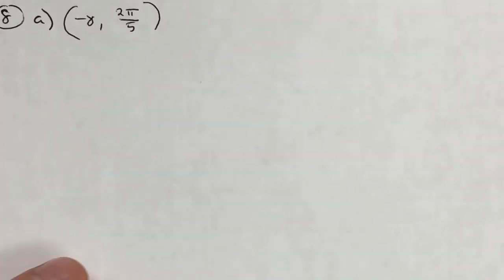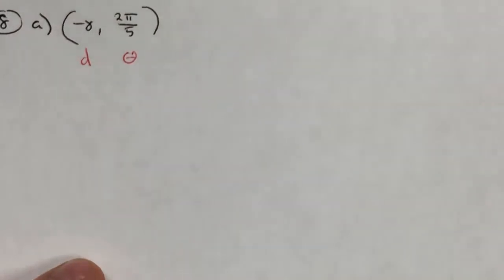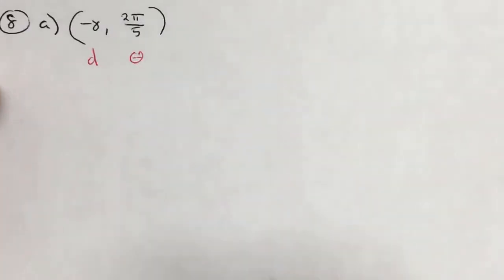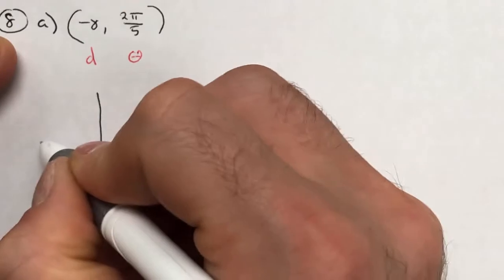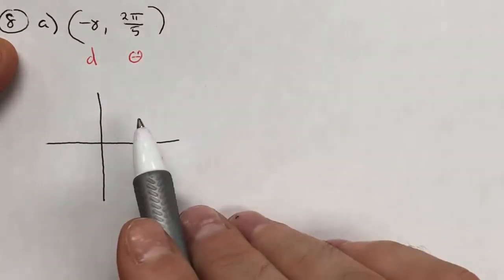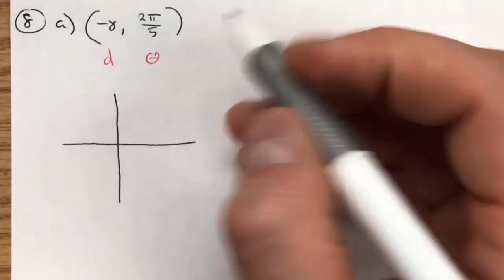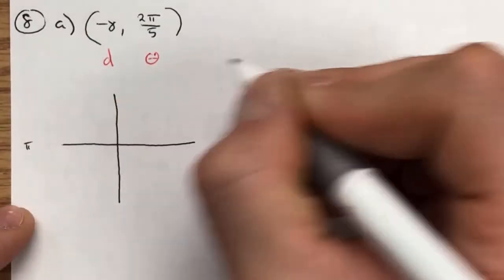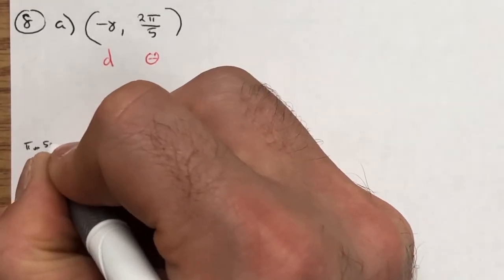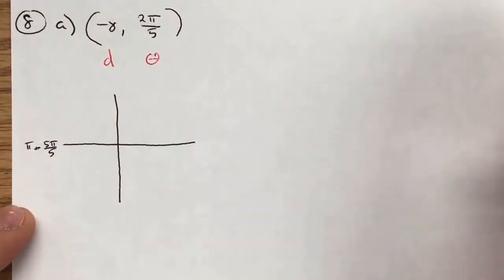Okay, so when we look at this, remember, polar coordinates give me the distance, and this gives me the angle. So if I draw my Cartesian plane right here, I have an angle of 2 pi over 5, so I need to figure out where on the circle this is. Well, if I'm dealing with fifths, I know this is pi or 5 pi over 5.